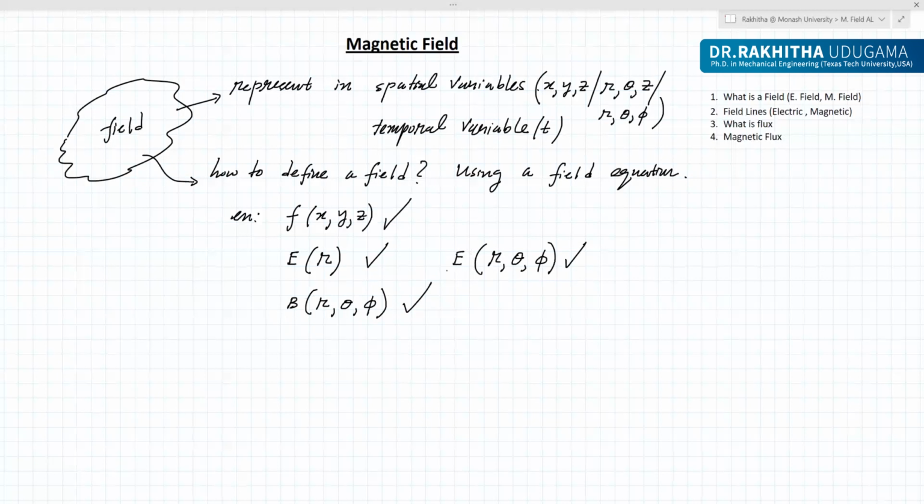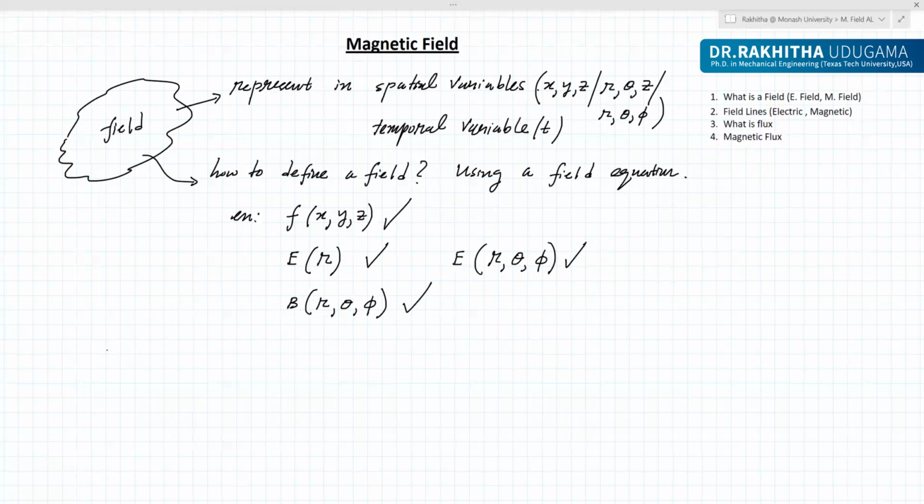Right now, just take it for granted. So this is the electric field here, and this is the magnetic field here. In general, the electric field is written as a function of r, theta, and phi. The magnetic field is also written as a function of r, theta, and phi.